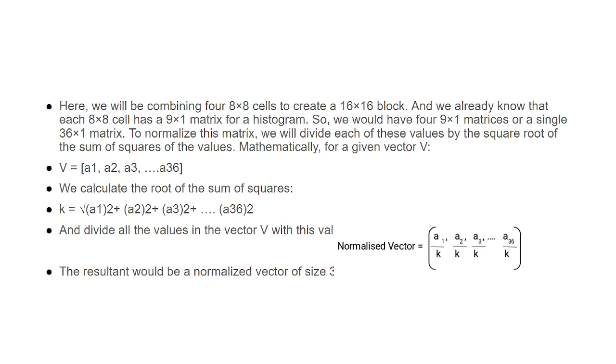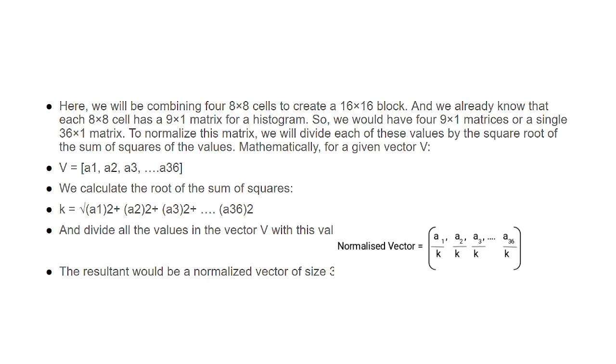Here we combine 8 by 8 cells to create a 16 by 16 block. As we know, each 8 by 8 cell has a 9 by 1 matrix for the histogram, so we have four 9 by 1 matrices and a single 36 by 1 matrix.